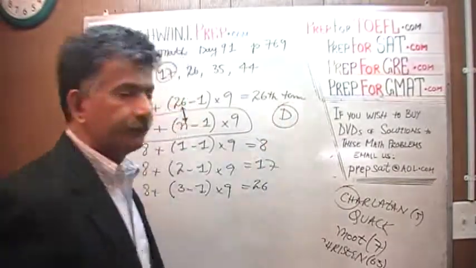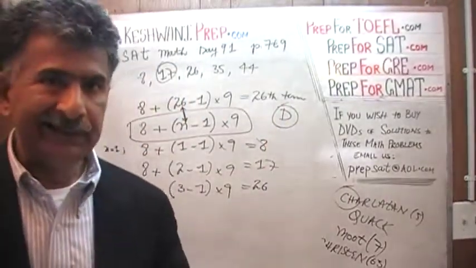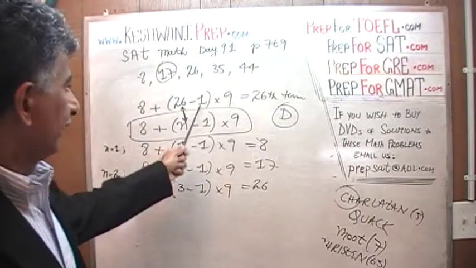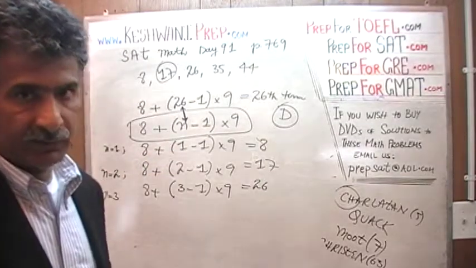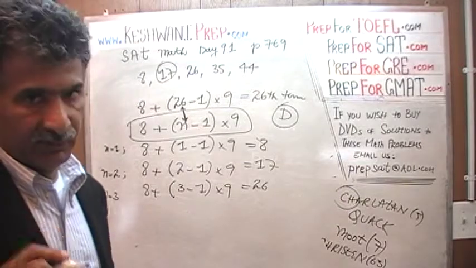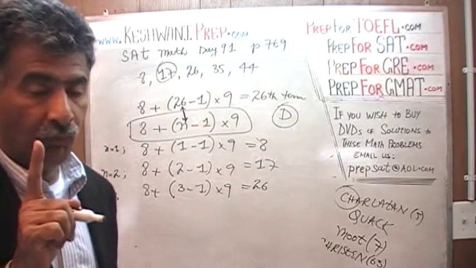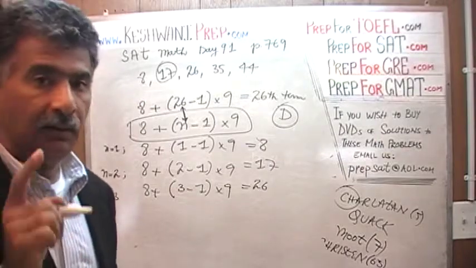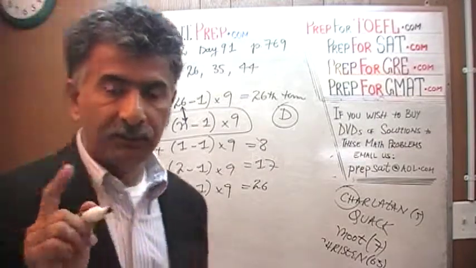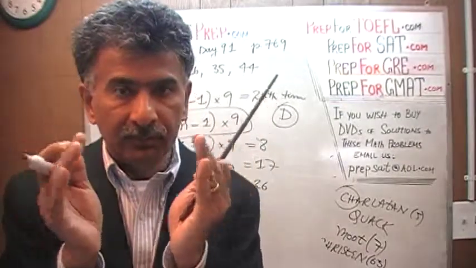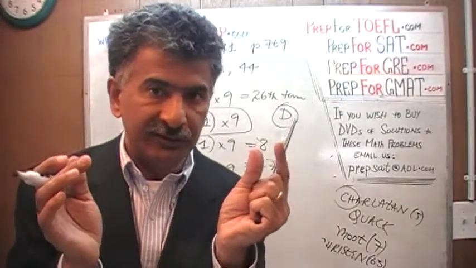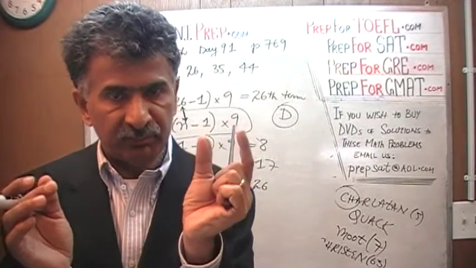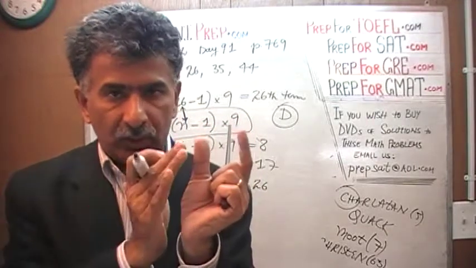Do you understand? The 99th term would have 99 minus 1, so the 99th term would have 98 times 9. The 101st term would be 100 times 9 plus the 8. 100 times 9 gives you the 100 terms that you see there after the first 8. You have the first 8 in the beginning, so that occupies the first spot, and then you have 100 more terms.